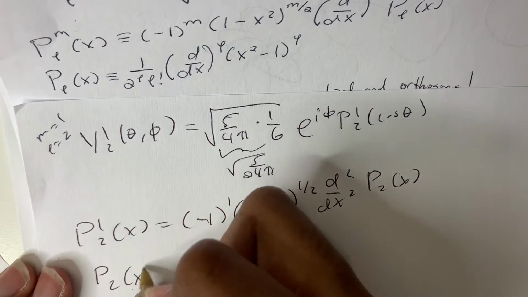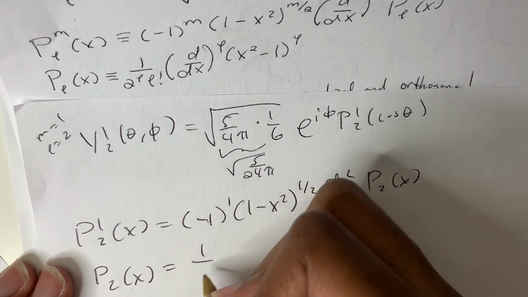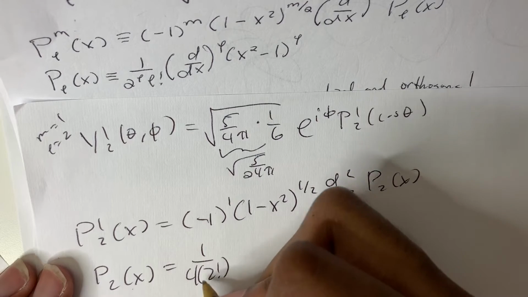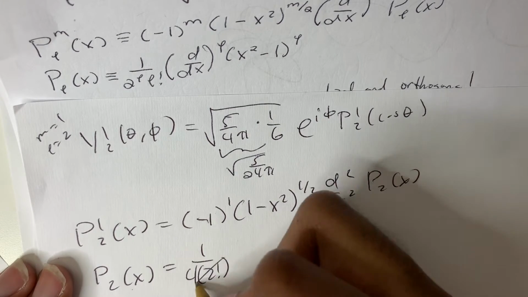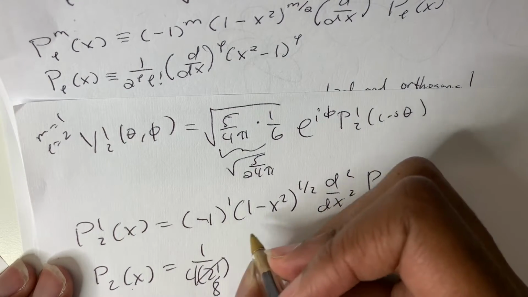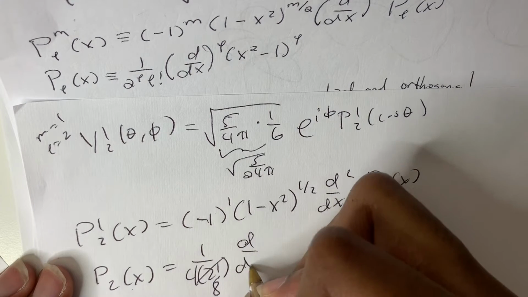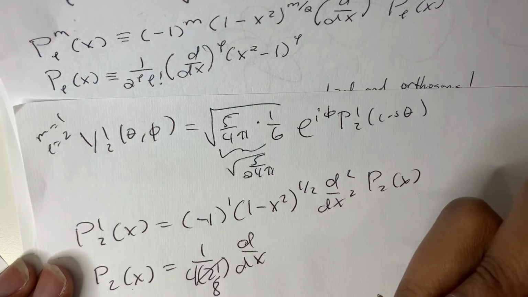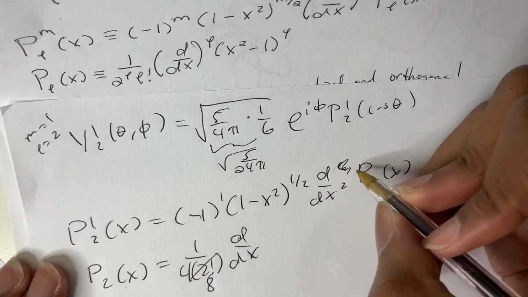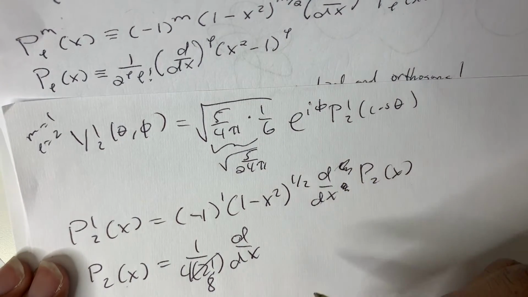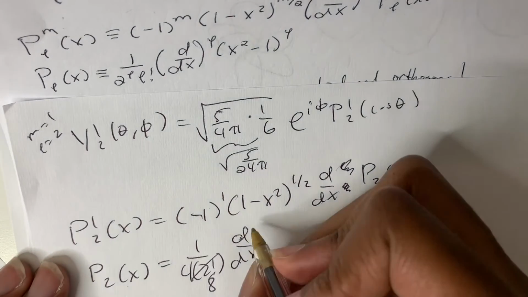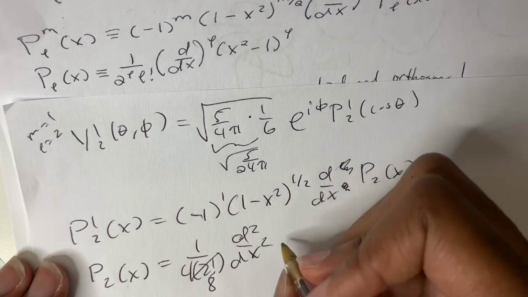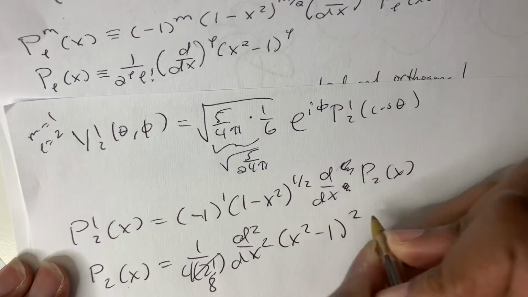P2 of x is going to be 1 over 2 to the 2, which is 4, times 2 factorial, which is 2. This whole thing is going to be 8. We're going to have the first derivative, actually. Wait, first or second? Yeah, L is 2. So this should be the first derivative, since M is 1. And this should be the second derivative, since L is 2. My bad. x squared minus 1, squared.